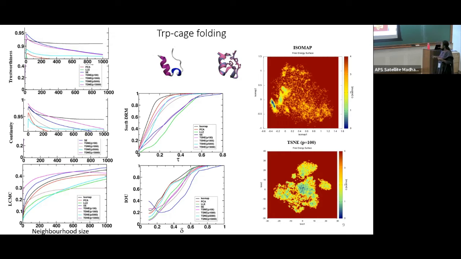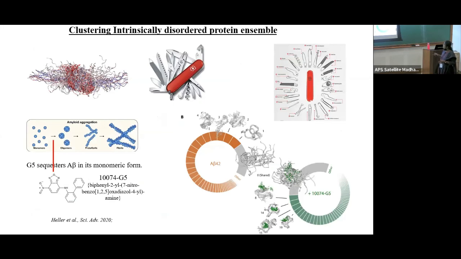So we thought that TSNE could be good for preserving the local space rather than the global representation. It seems that currently isomap better represents the folded protein, but TSNE, which preserves the piecewise or local information, can be used for some heterogeneous data, such as heterogeneous proteins like IDPs.